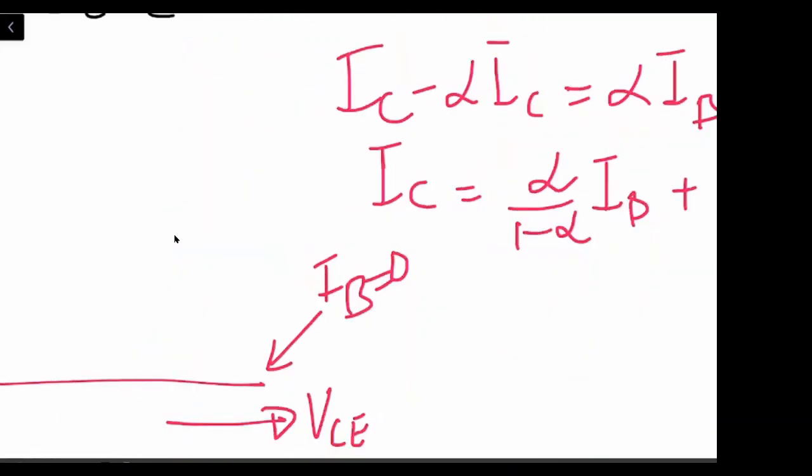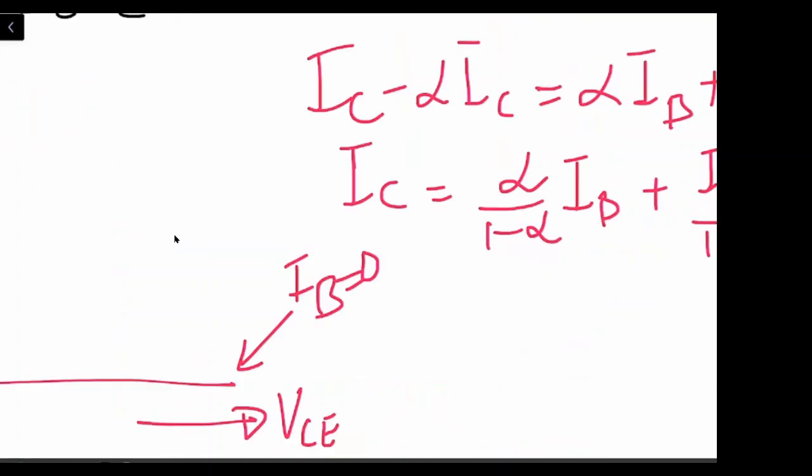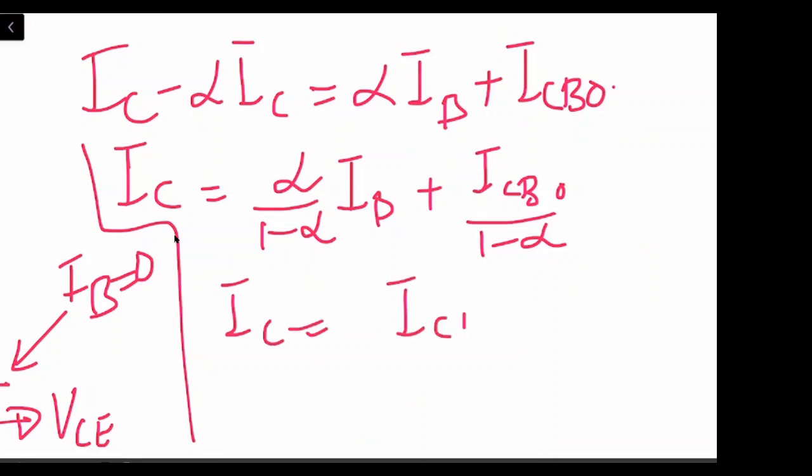Now in our case, when we say IB is equal to 0, putting this in the equation, what we are going to get is IC is equal to ICBO divided by (1 minus alpha), right?